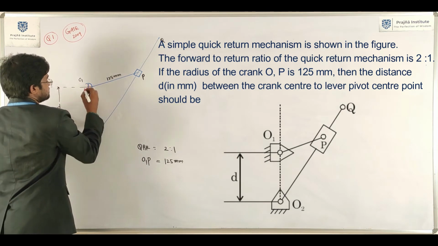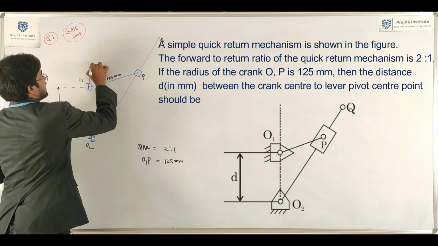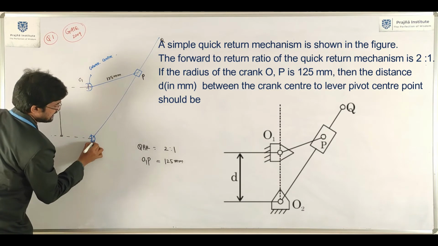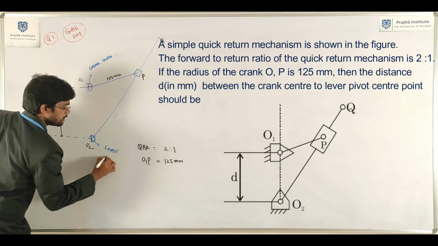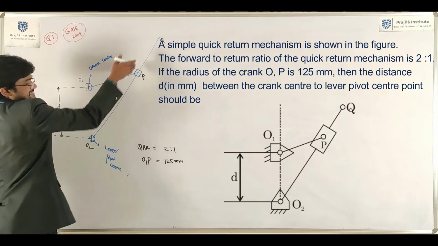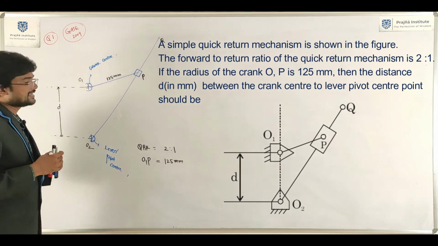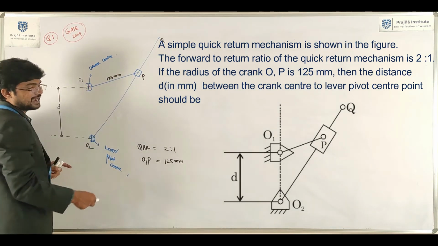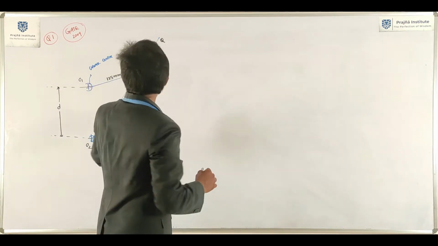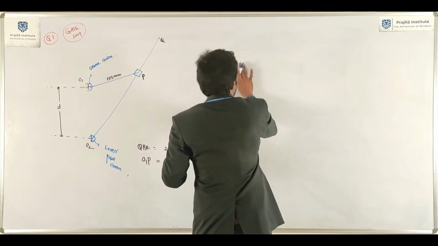The slotted bar oscillates about this point: the center of rotation of the slotted bar or lever, and the center of rotation of the crank. Whatever is given in the crank and slotted lever quick return motion mechanism, first draw this figure.